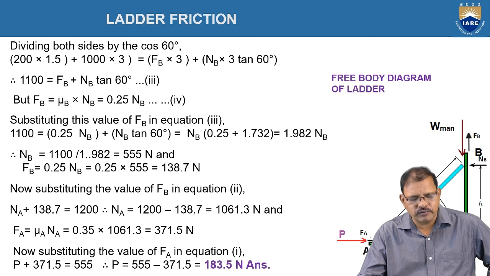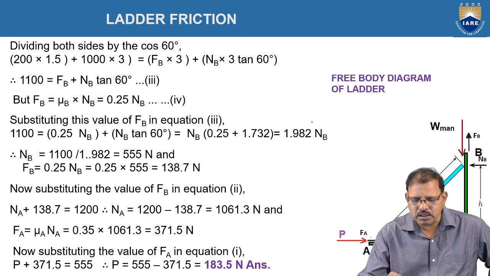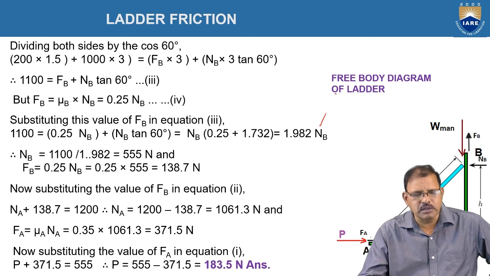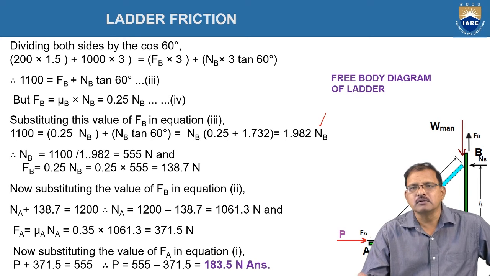By substituting the value of FB in equation number 3, we got 1100 equal to 0.25 NB plus NB tan 60, which is equal to NB into 0.25 plus 1.732, which is equal to 1.982 into NB now. Or NB is equal to 1100 divided by 1.982, which is equal to 555 newtons.